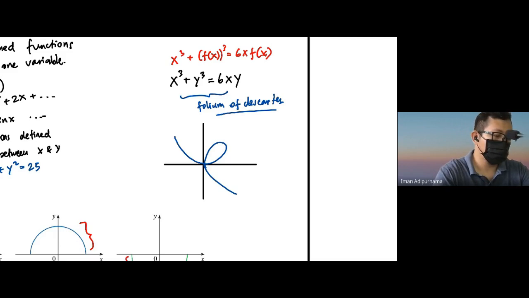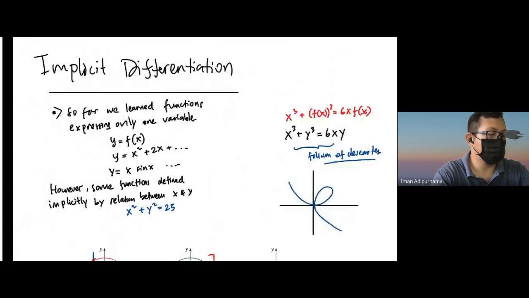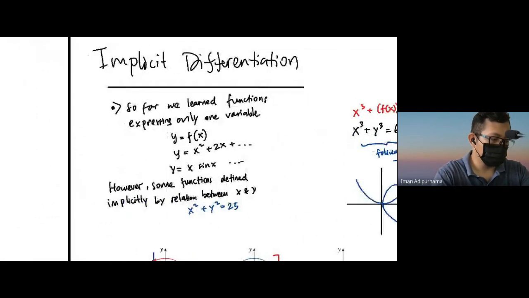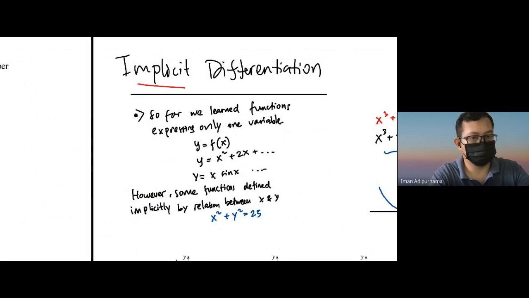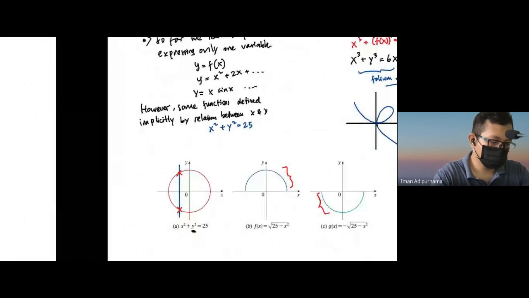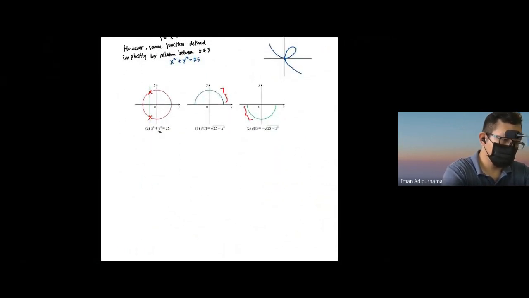Now how do we deal with this when we want to take some differentiation, like take some derivative? This is how implicit differentiation takes part. So implicit differentiation, let me write here.